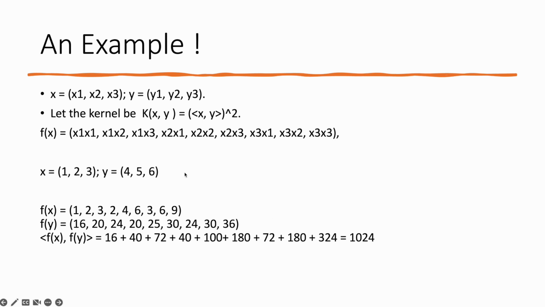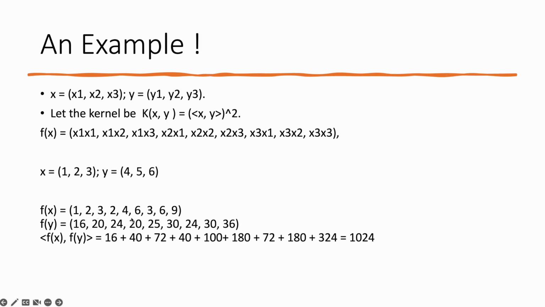Now friends, see, without doing the kernel trick, how many computations are we doing? From here to here, how many multiplications? 9 multiplications we did for x, correct? Similarly, 9 multiplications for y also, right? 4 into 4, 4 into 5, 4 into 6, all the combinations like this. So 18 multiplications in achieving f(x) and f(y), correct? Now, when we do the dot product, we did 9 more pairwise multiplications.